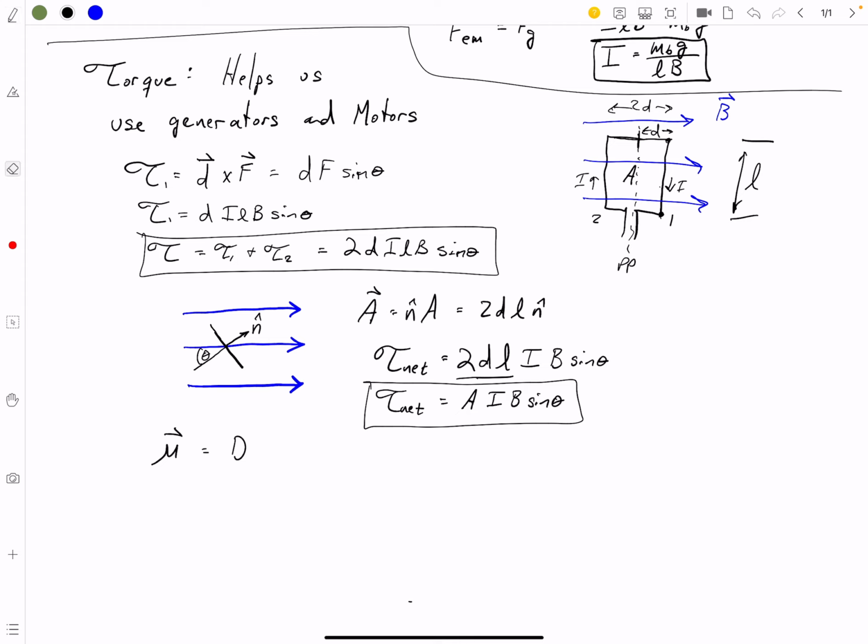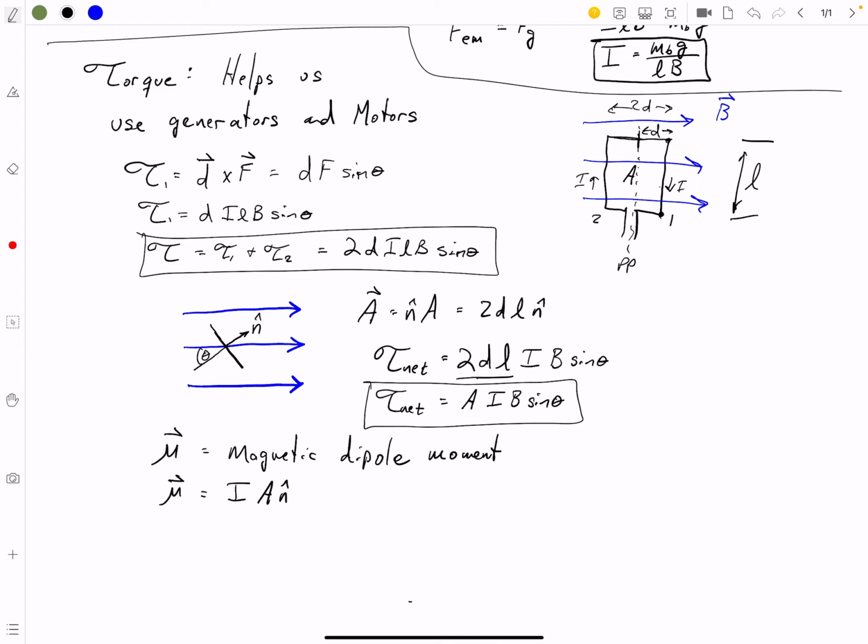Magnetic dipole moment, mu, is equal to I A n hat.